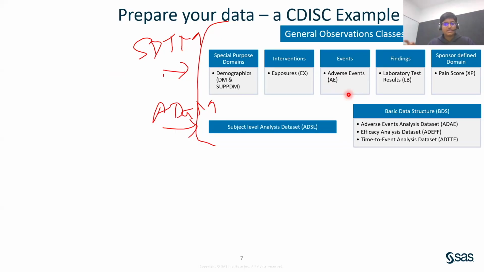Then you've got findings that record all the information relating to different tests or physical examinations that have been conducted for our patients, right? So for some of the examples under the findings, I've just written laboratory test results.